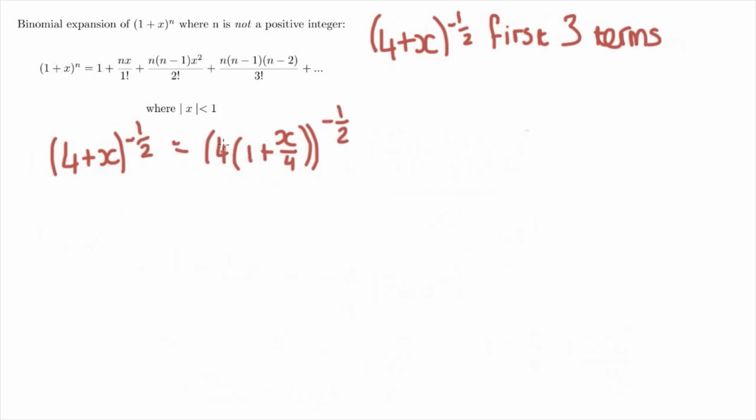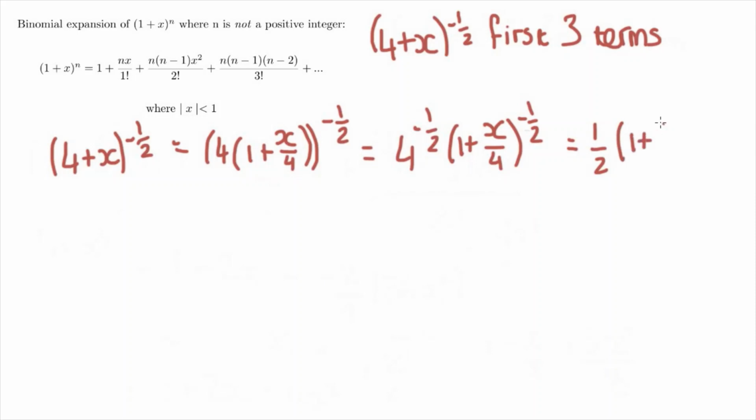Alright, so we've just taken out a multiple of 4. I can rewrite this like this. Which then gives us a half multiplied by 1 plus x over 4 to the minus a half.